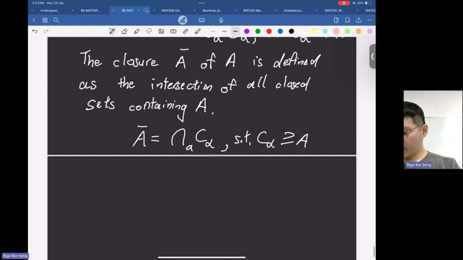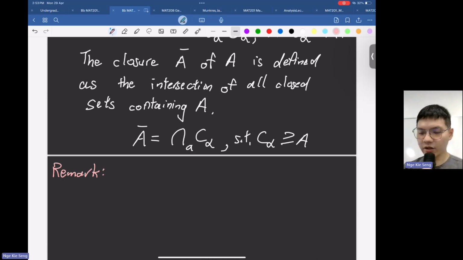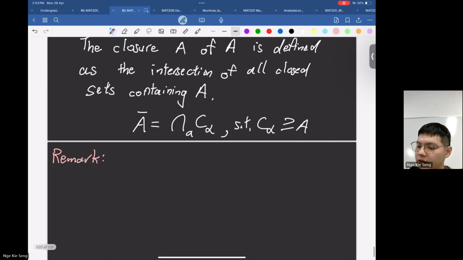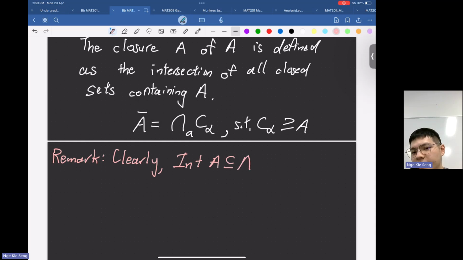Some remarks here. Clearly, the interior of A is a subset of A, and A is a subset of A bar. Is this clear now?